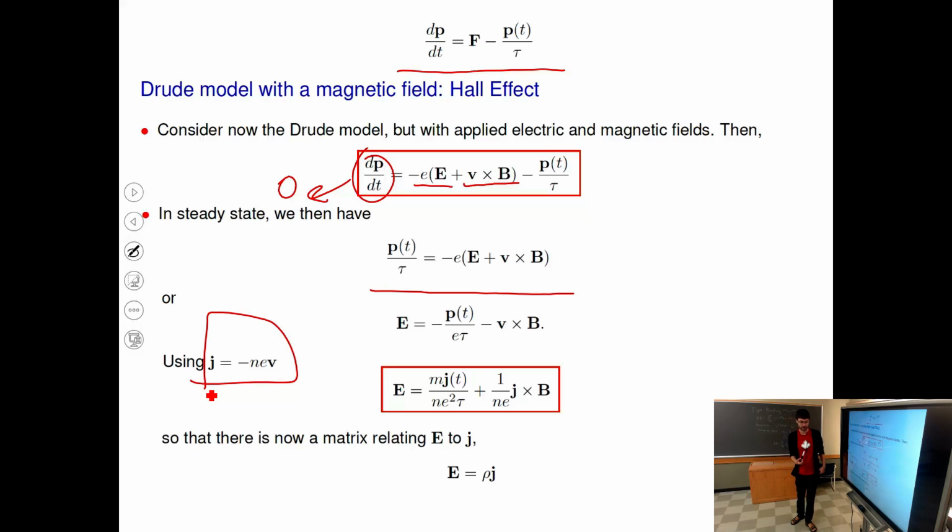If we try to write this equation in terms of something as simple as we were able to do for the simple case without any magnetic field, we are going to have to conclude that rho is a matrix, a tensor. Because of the J cross B product, rho must be a tensor.